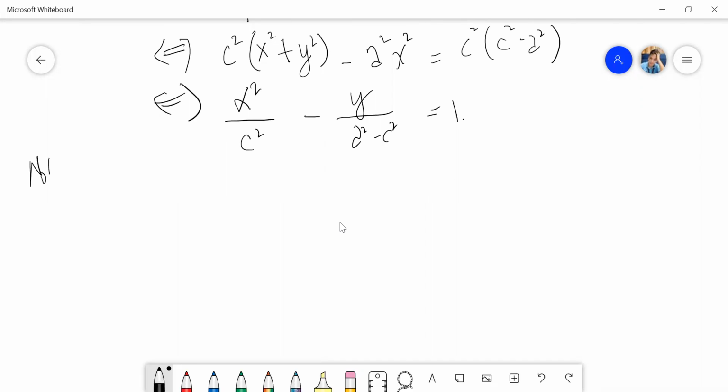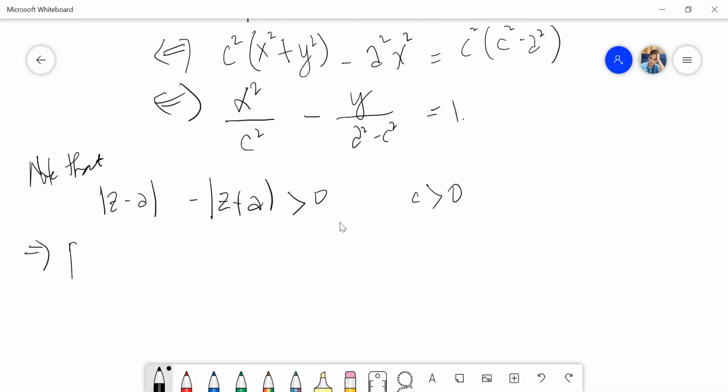And note that the modulo of z minus a minus the modulo of z plus a is greater than 0, because in this case, your c is positive. This is supposed to be equal to 2c. So this is positive. Your c is positive, so you're pretty sure this is also positive. This implies that your real image of z is less than 0.